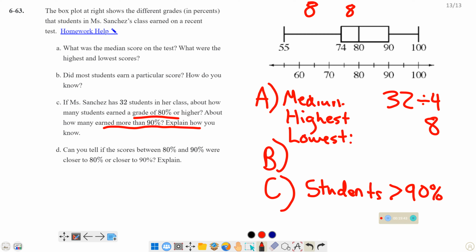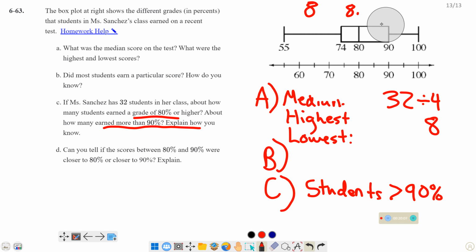Question letter D. Can you tell if the scores between 80% and 90% were closer to 80 or closer to 90? Explain. Can you tell a difference in these two sections? No, you can't.